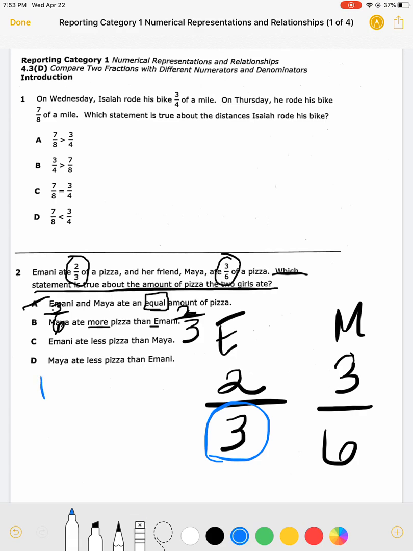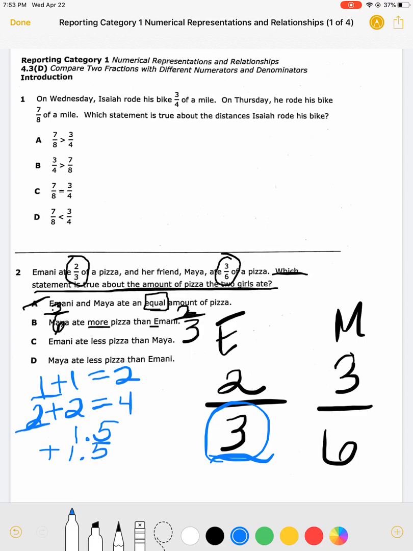We know that 1 plus 1 gets us 2. We know 2 plus 2 gets us 4. And 3 is between 2 and 4. So half of 3 is going to be between 1 and 2. So we know that 1.5, or 1 5/10 plus 1 5/10 will get us 3.